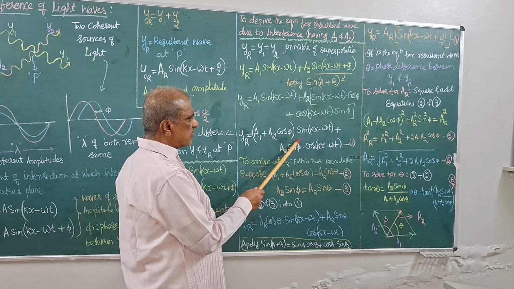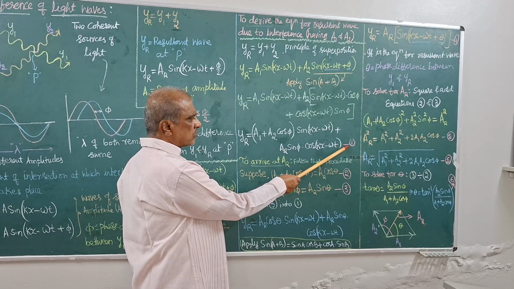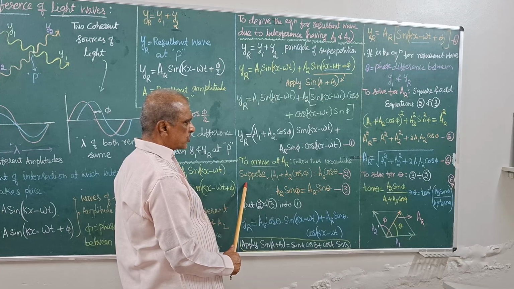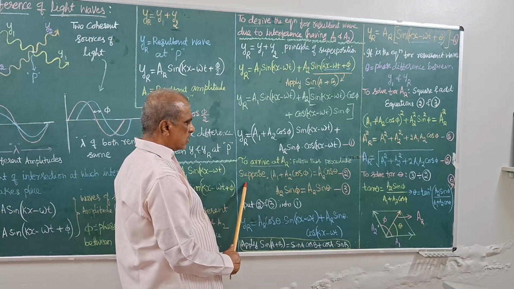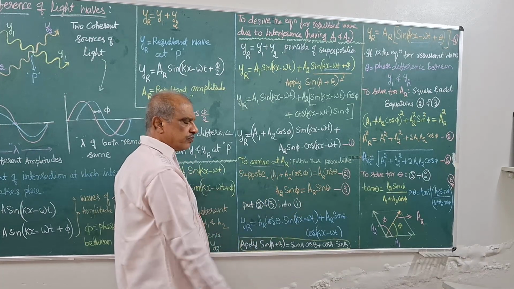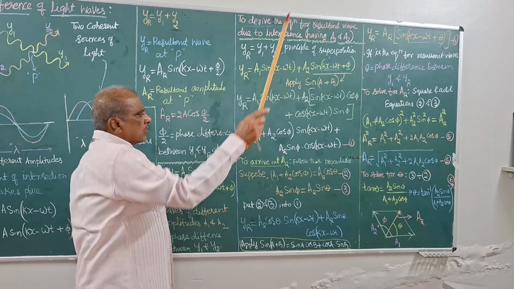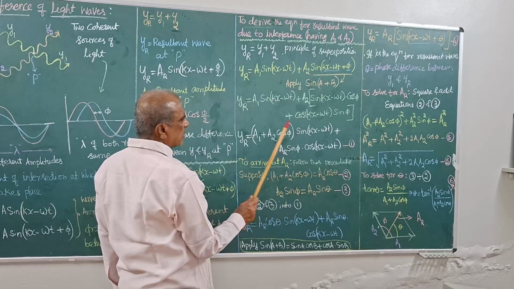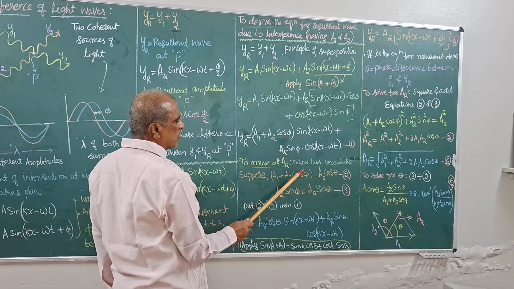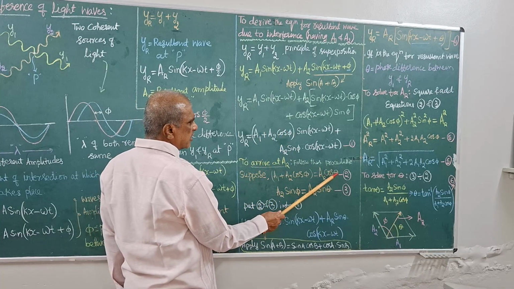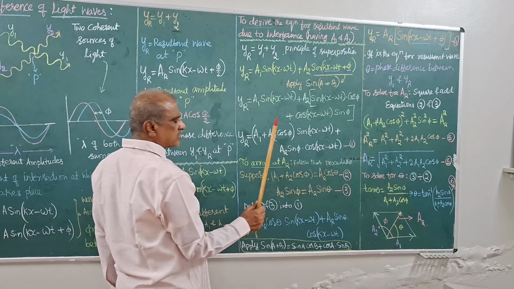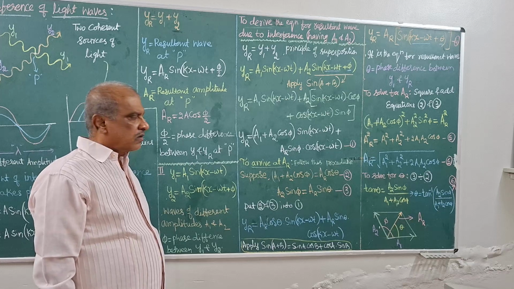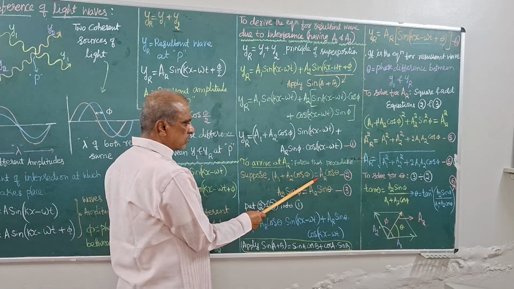Let us write this equation as equation 1 and let us consider this. Now we can call this term AR cos theta. A1 plus A2 cos phi equals AR cos theta. You will understand later why we do so.